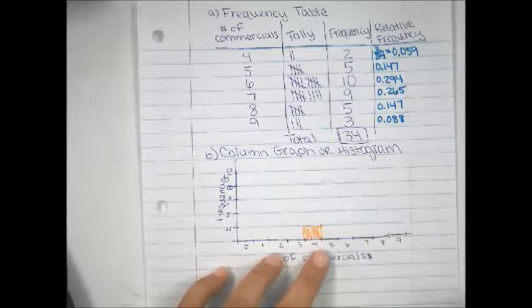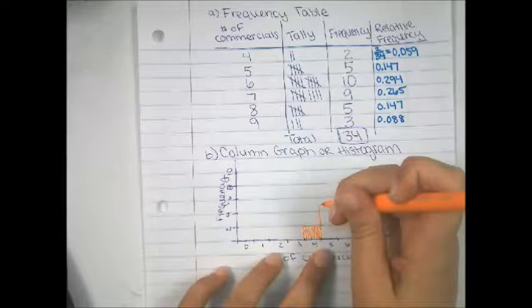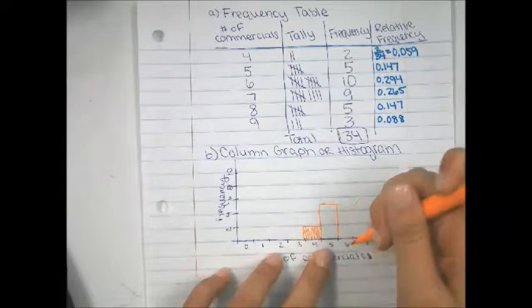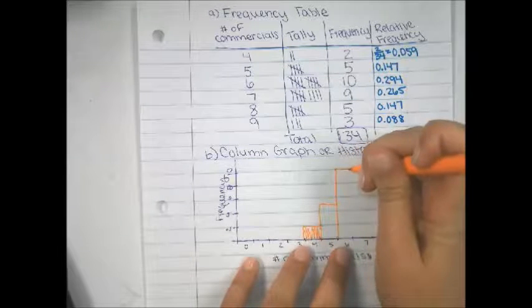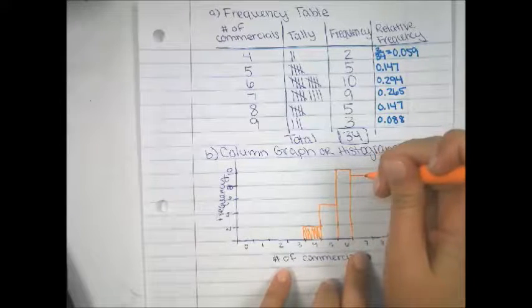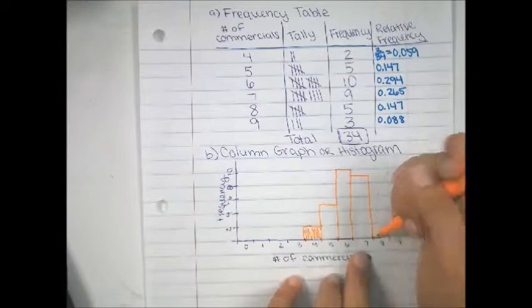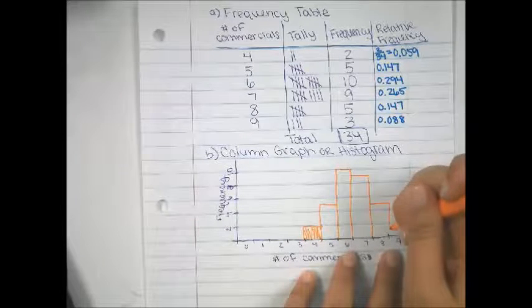This is a way to give a visual representation of our data. So 5 commercials happened 5 times. 6 commercials was 10. 7 commercials was 9. 8 commercials happened 5 times.